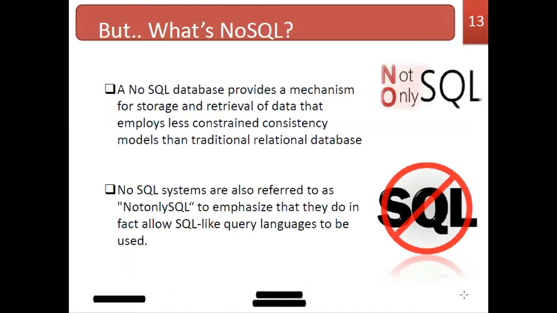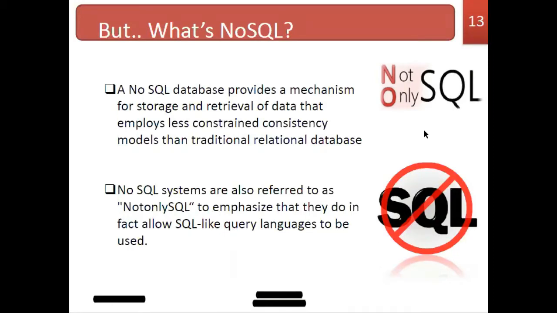Here, a NoSQL database provides a mechanism for storage and retrieval of data that employs a less constrained consistency model than traditional relational databases. Whatever traditional relational database models we are using, they have certain constraints. With less constraint, we can deal with varieties of data.